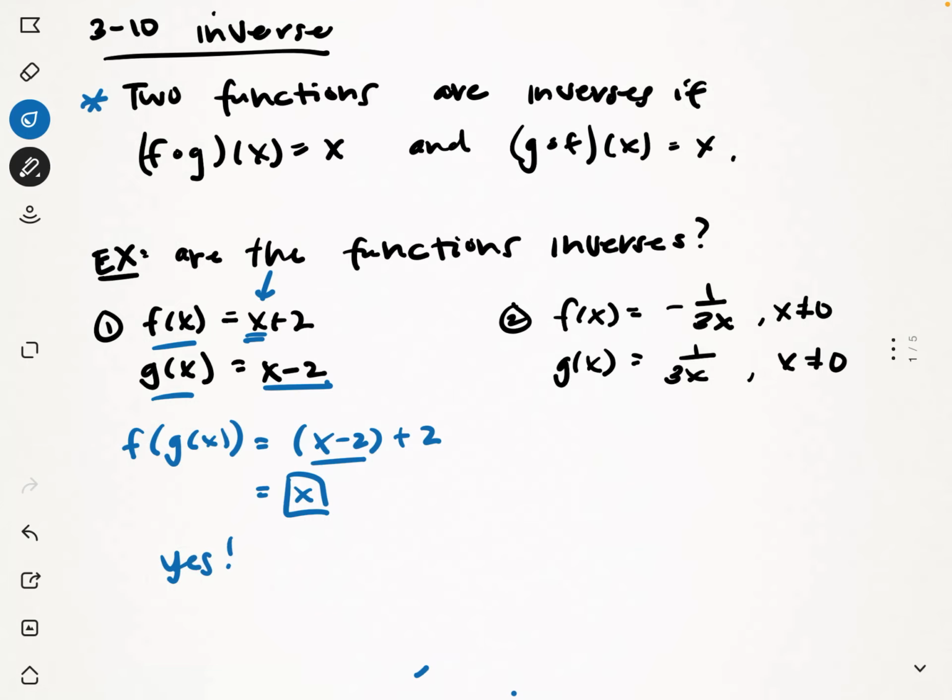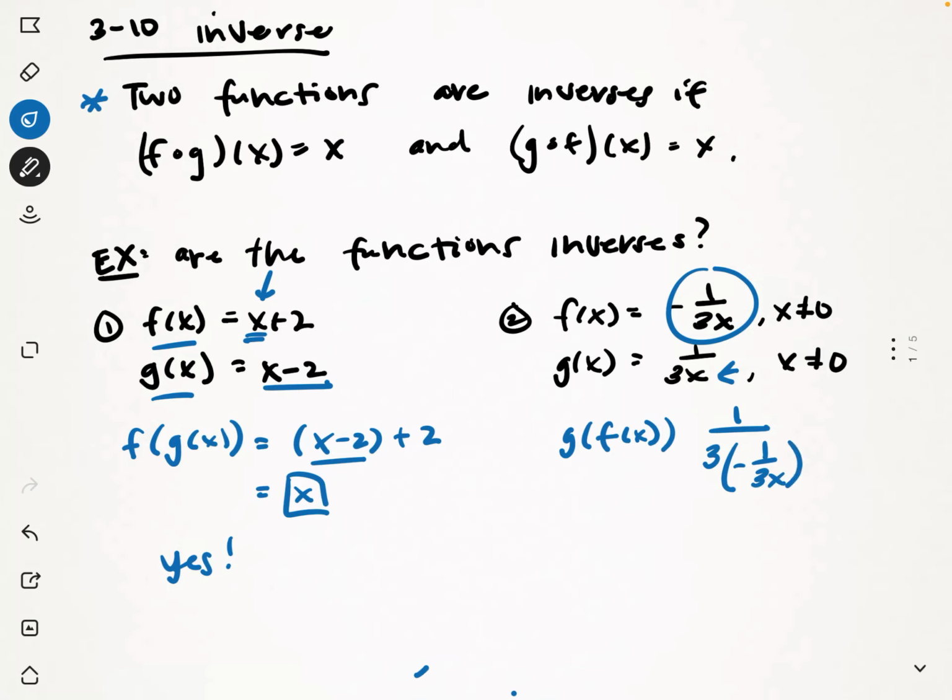Now let's look at number 2. Let's do g composed of f this time, just to show it doesn't matter. We're plugging this into our x here, so we're going to have a complex fraction. 1 over 3 parentheses negative 1 over 3x.